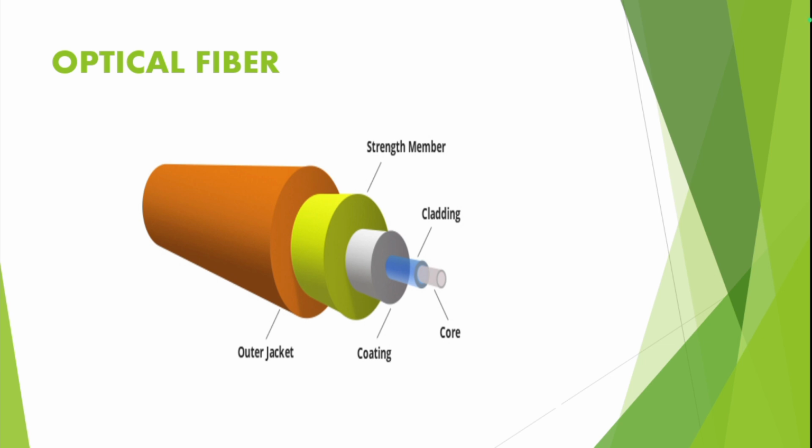And the last one is the protective outer covering, the outer jacket, which is used on the top for mechanical protection. So these are some basic components of the optical fiber. This diagram represents the structure of optical fiber.